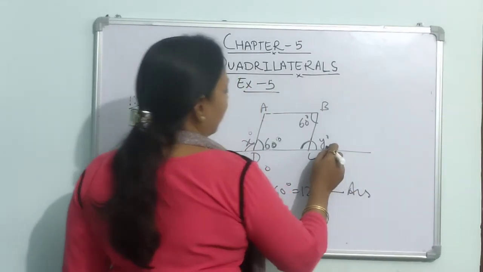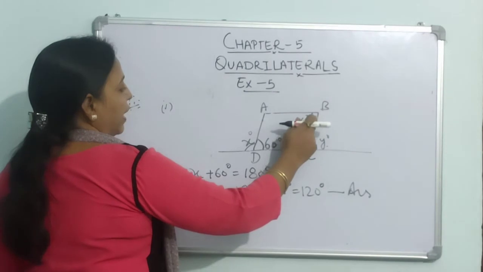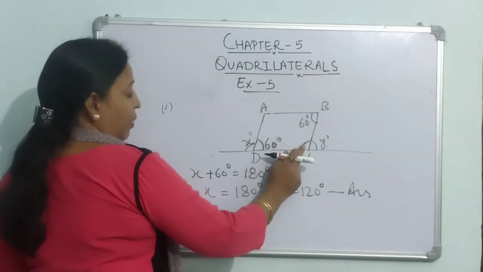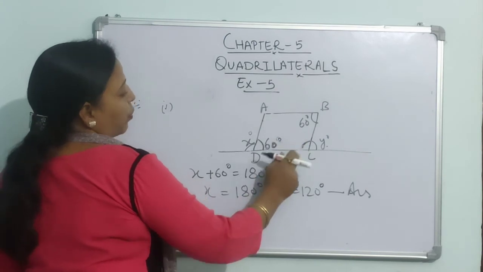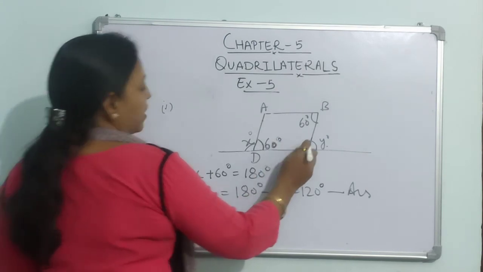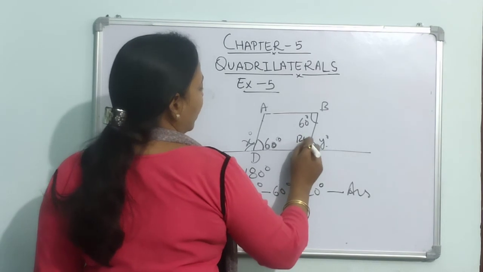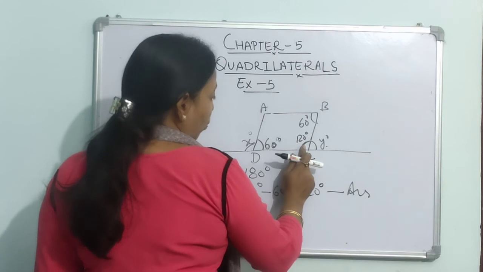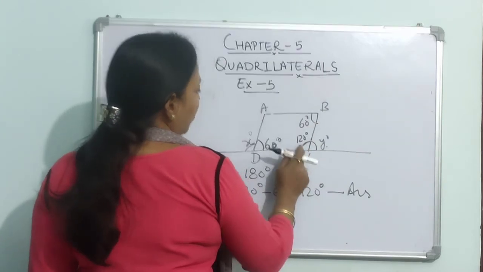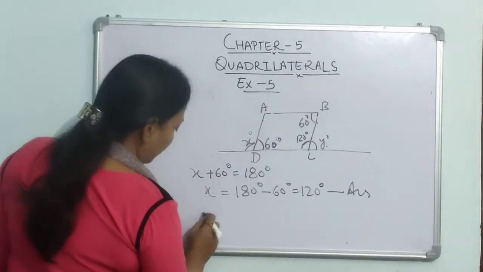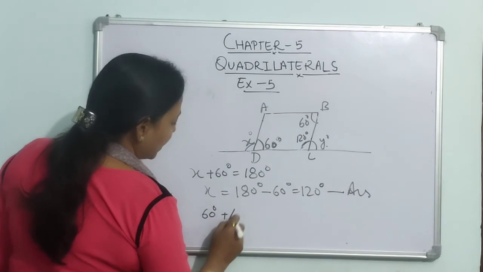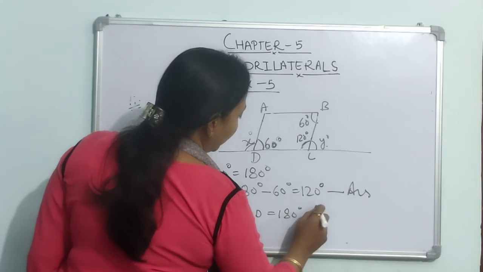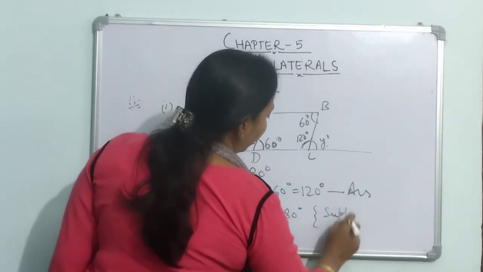Now you have to find the value of y. So you know this angle B and angle C, these two angles are supplementary to each other using the property of parallelogram. Their sum is equal to 180 degree. So 60 degree plus angle BCD is equal to 180 degree, because these are supplementary angles.